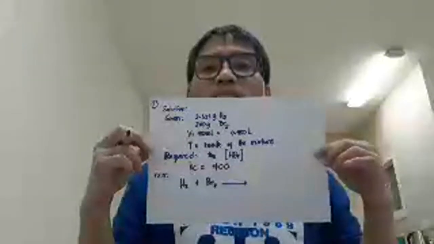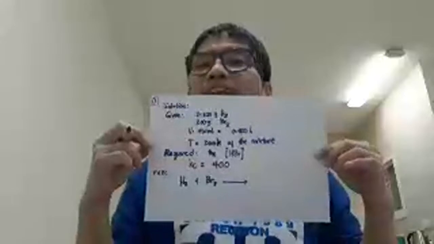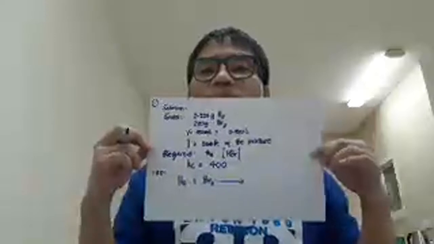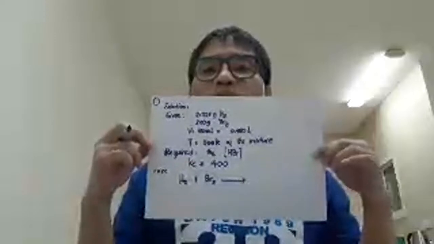It's no longer a problem. But if it is not given in the problem, then you have to predict your own. So we put H2 plus Br2 equals HBr, for hydrobromic acid.